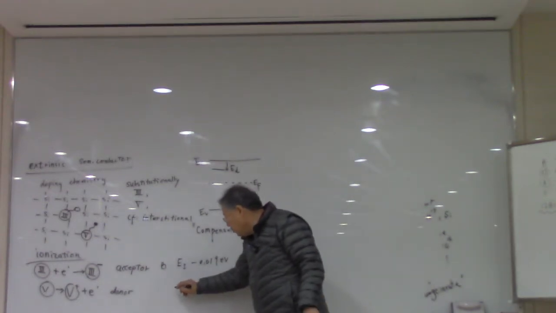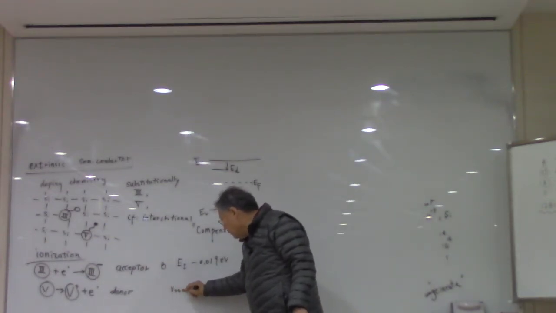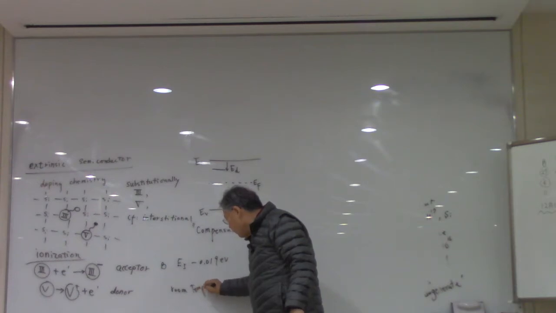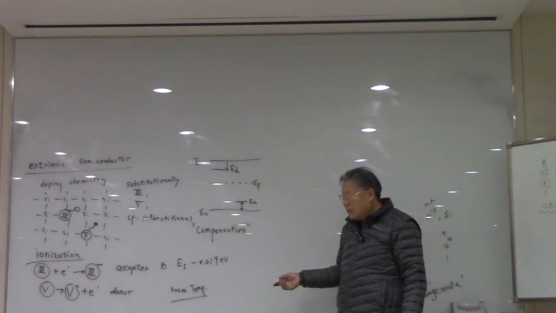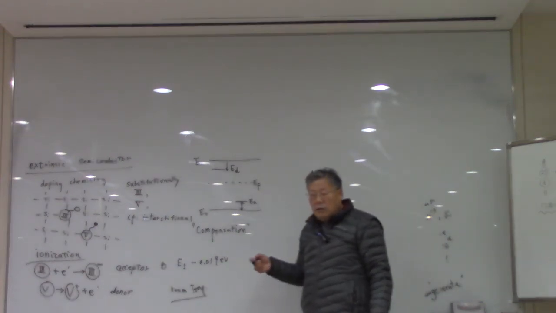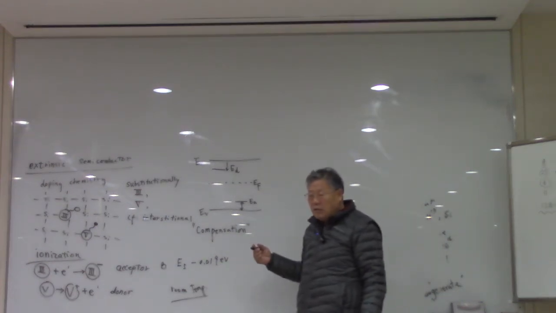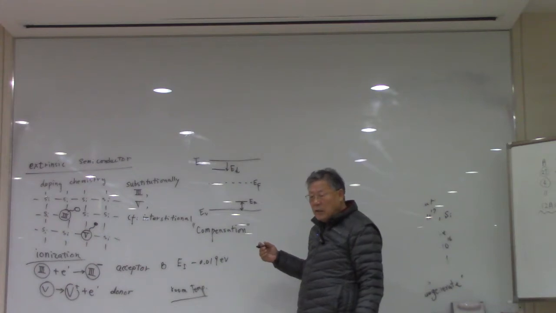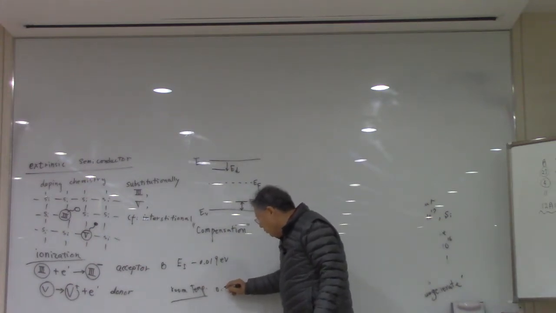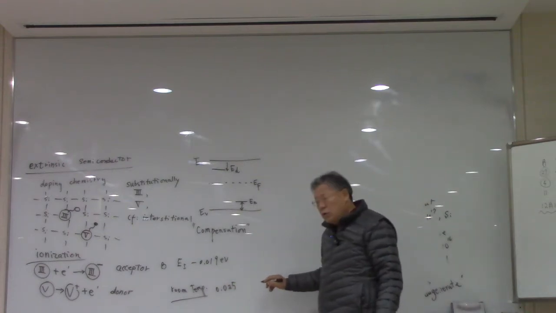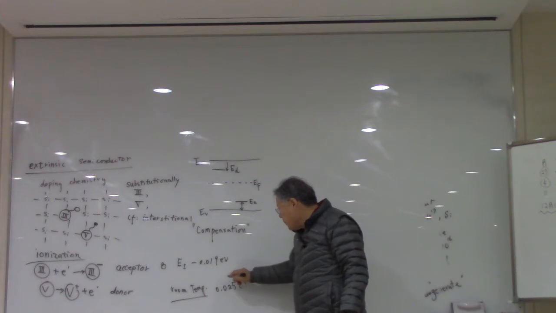Now, room temperature, if you convert this room temperature into energy in electron volts by using the Boltzmann constant, the room temperature corresponds to 0.025 electron volts.